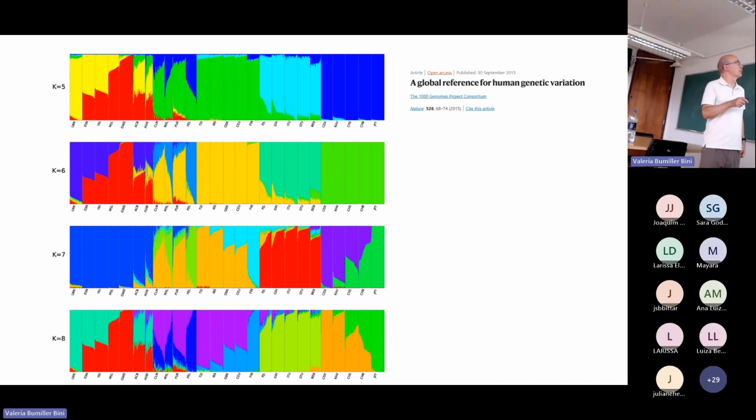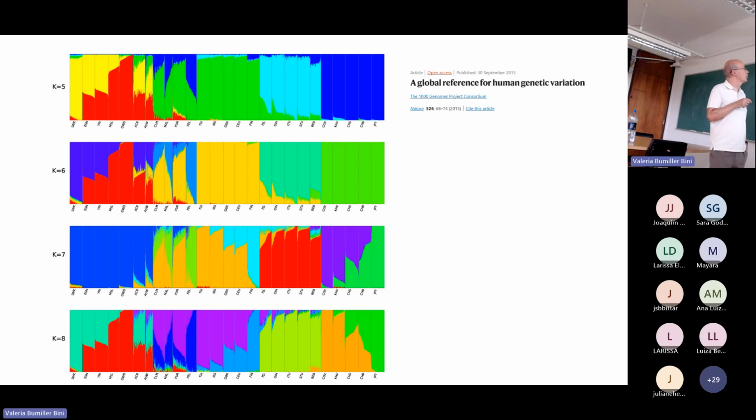Again, for the Populacional project, if there were 5 here, each vertical line, you have to imagine teeny tiny, really narrow vertical lines. Each line would be an individual, and each color would represent, in this case, 5 different colors. And this individual from the Luya in Kenya would most likely belong to the yellow population.